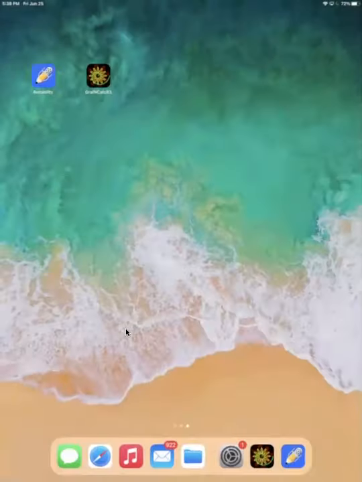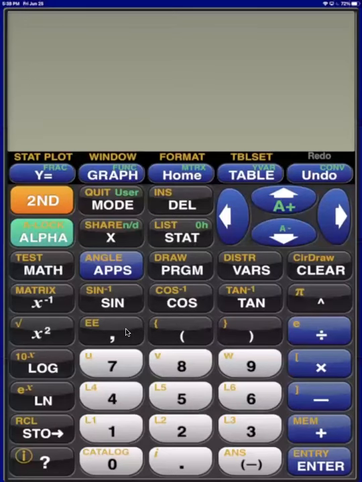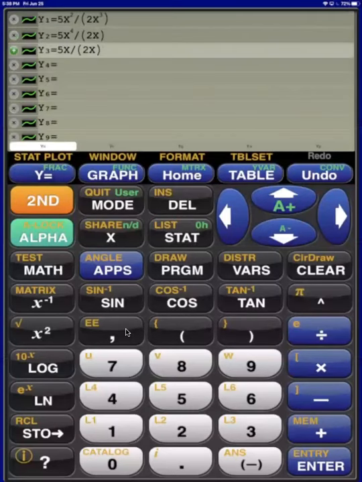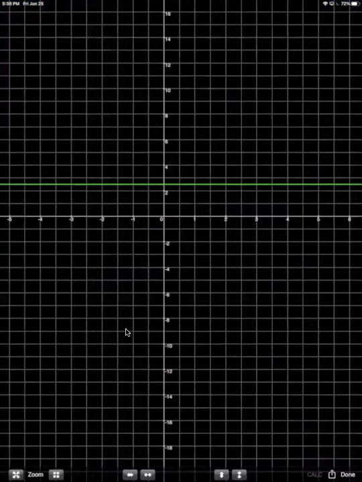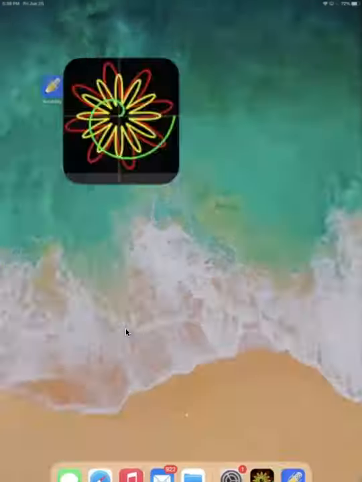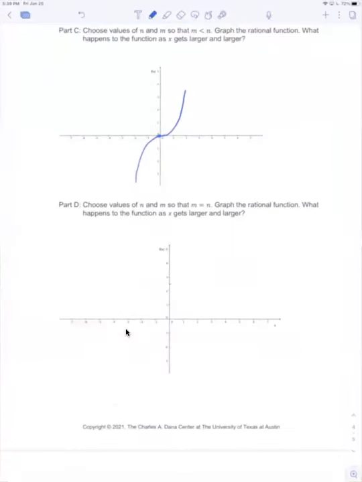So if we go ahead back here and look at what this graph would look like, it looks like a horizontal line. So we can go ahead and graph that. There we go. And that is the end of this lesson.